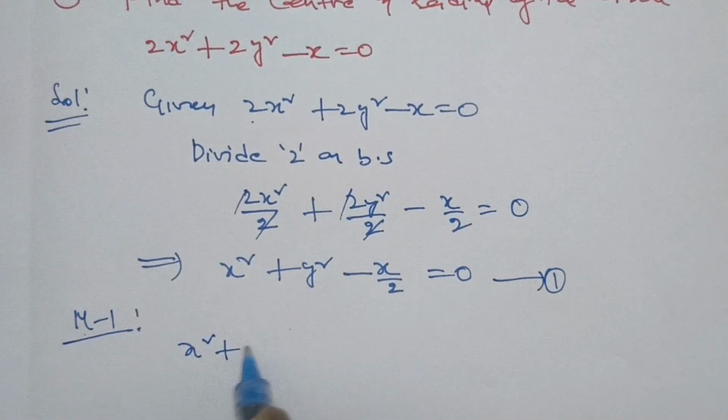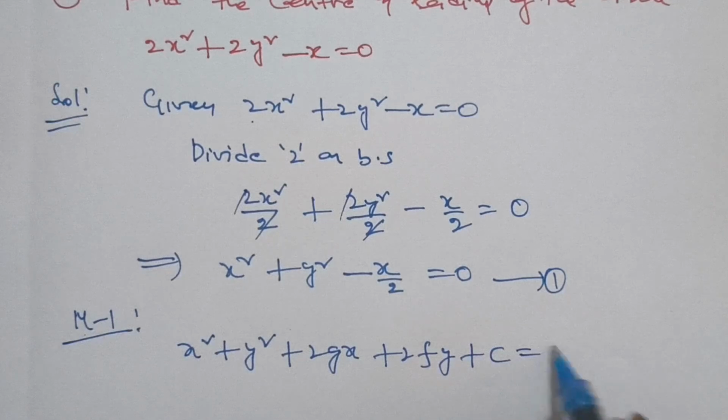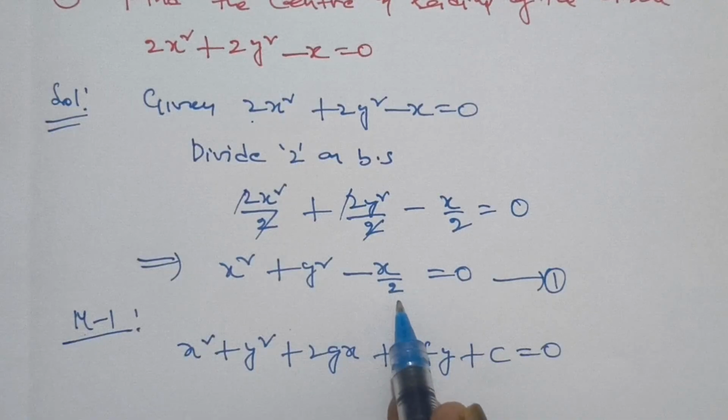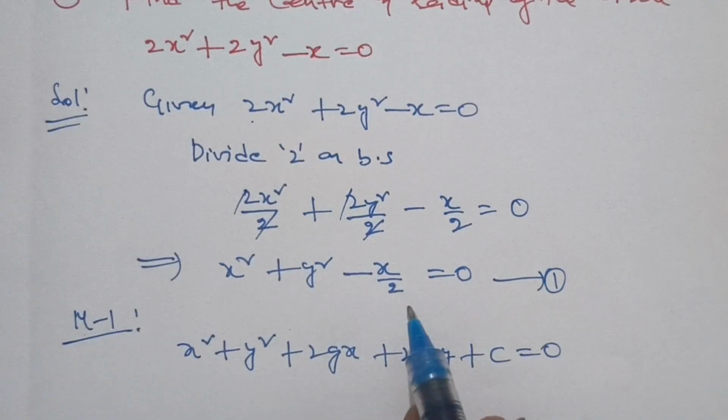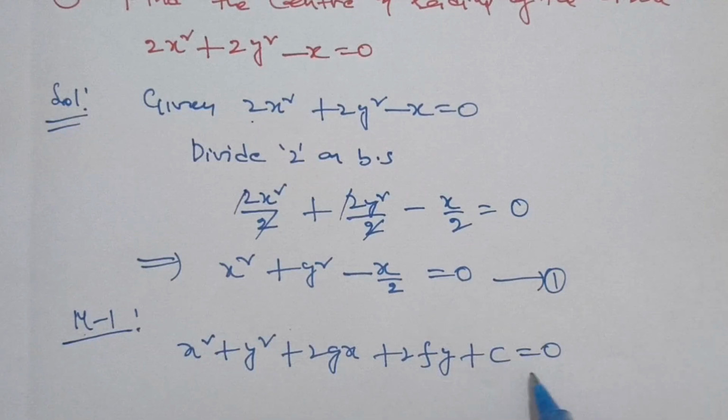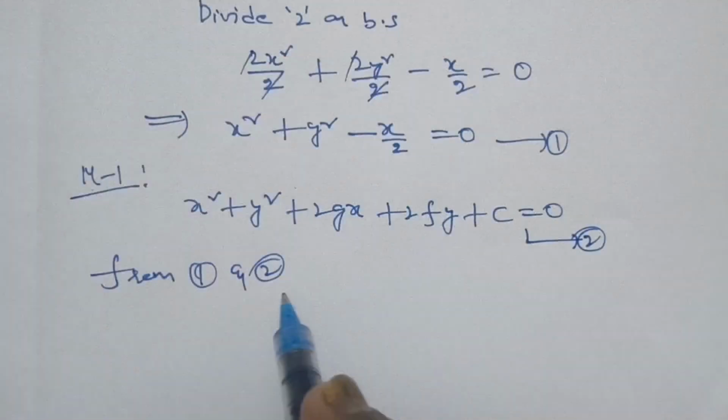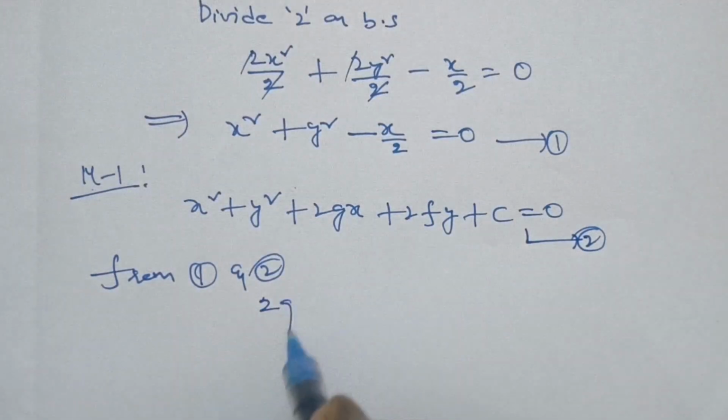In method 1, comparing the given equation 1 with the general form of the equation x square plus y square plus 2gx plus 2fy plus c equals to 0. Here x coefficient is minus 1 by 2. Compare equation 1 and 2 here.